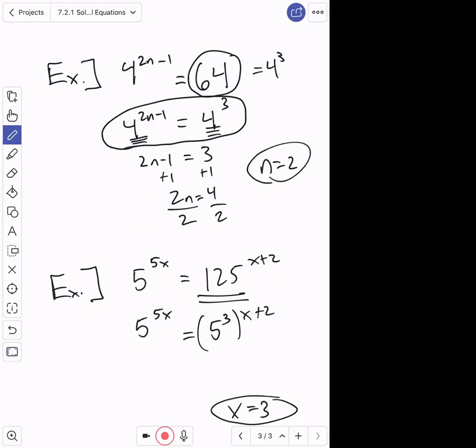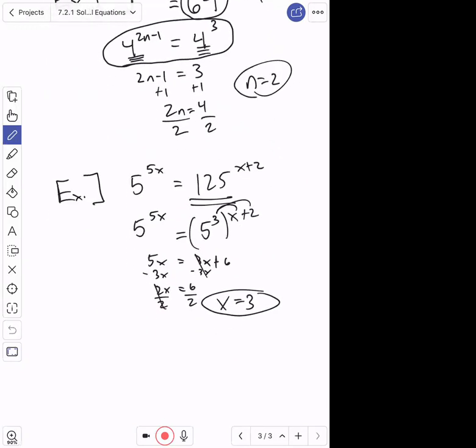But no, that's spot on. It's 5 to the 3rd, so we've got to distribute that exponent. We got 3x plus 6. Subtract 3x. That gives, oh, those don't cancel, sorry. Those cancel. That gives us 2x equals 6. Divide by 2. X equals 3.